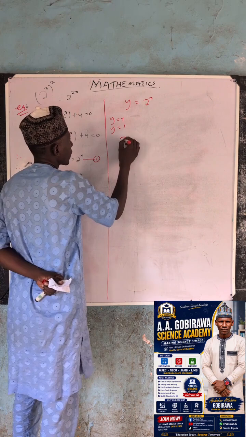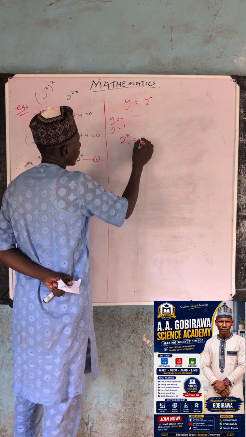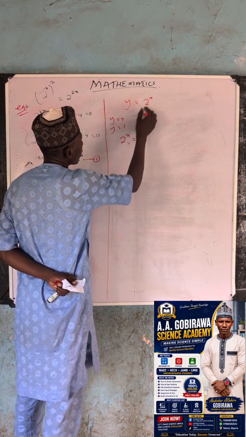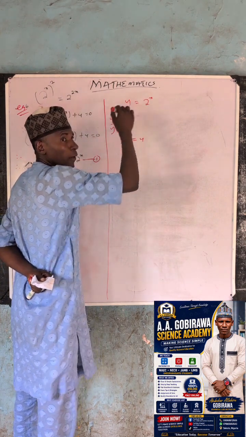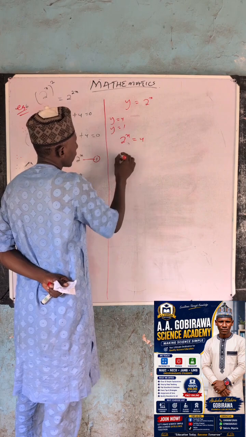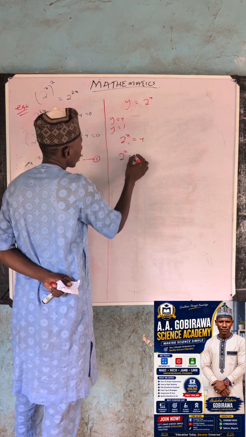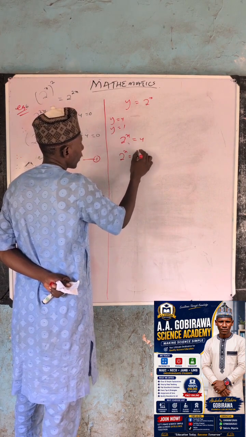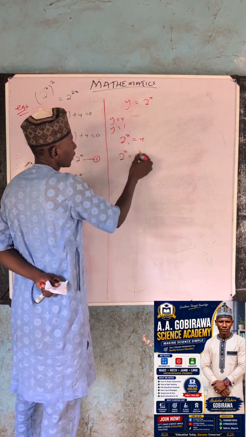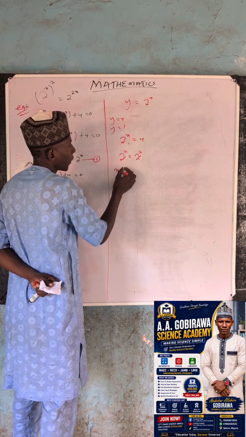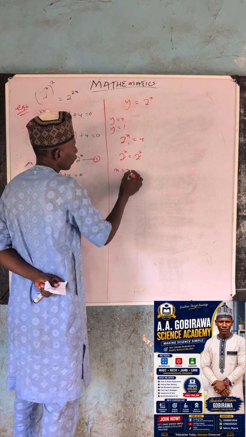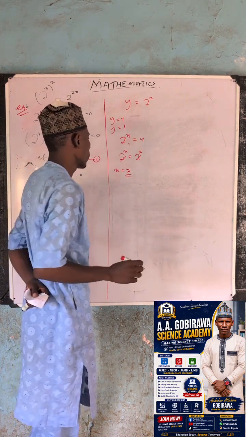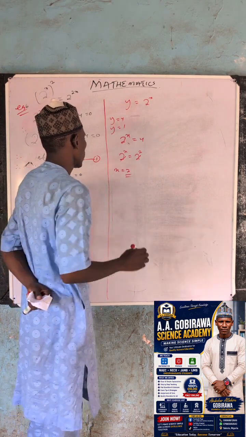So our 2 power x is equal to what? 4 from here. Zai zama muna 2 power x is equal to what? From indices zai zama 2 power 2, ko ba haka ba? This cancel this. Our x is equal to 2. Mun gane ko? So mun samu value of x din mu.